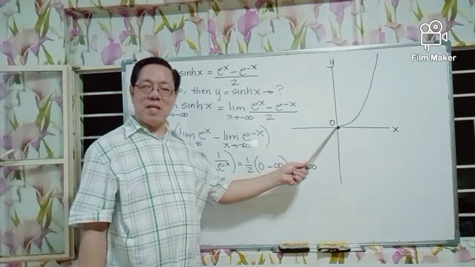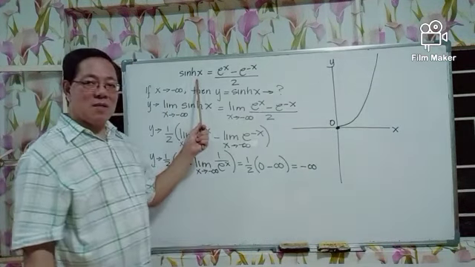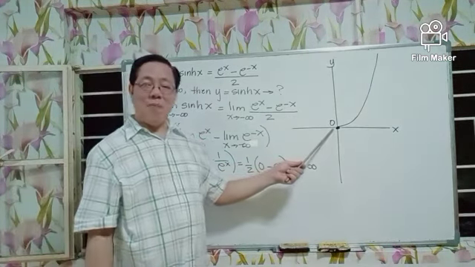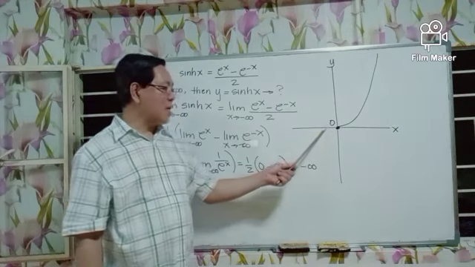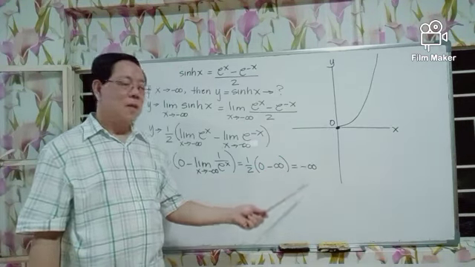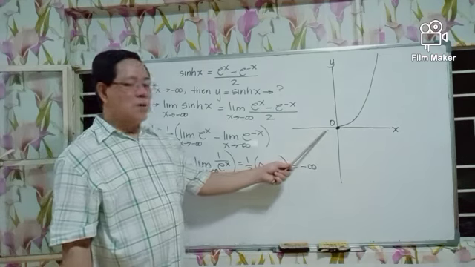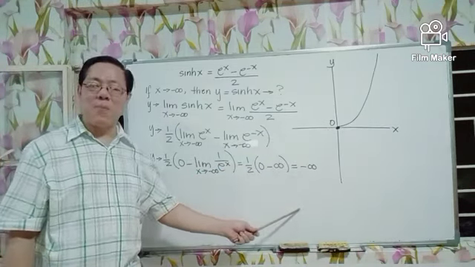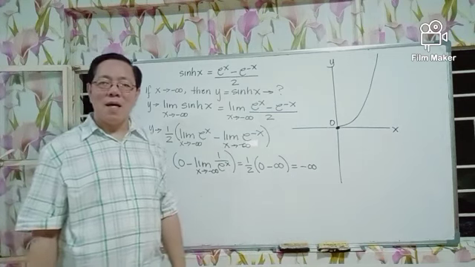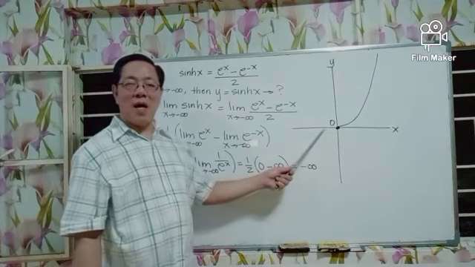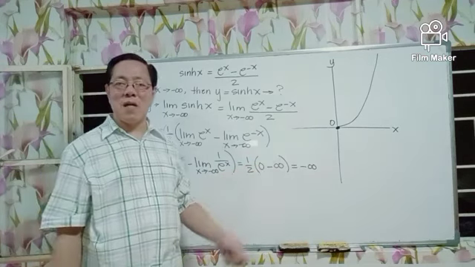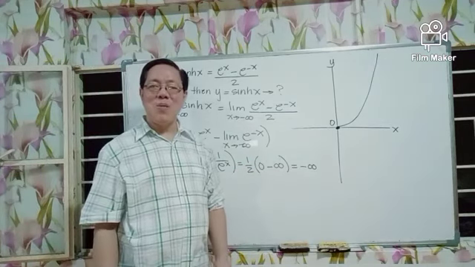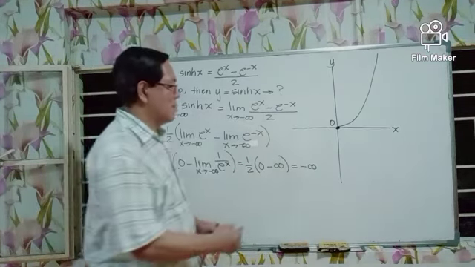And geometrically, that means the graph of the hyperbolic sine from the point before x equals 0 would be decreasing, because we have shown that as x decreases, the value of y will decrease, approaching negative infinity. And for those values of x approaching negative infinity, the graph of the hyperbolic sine would look like this.